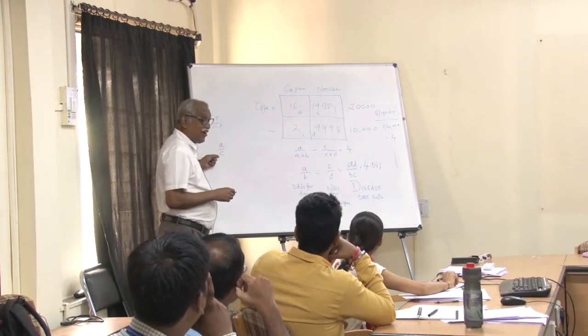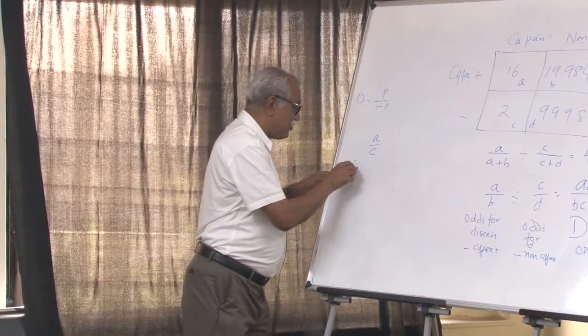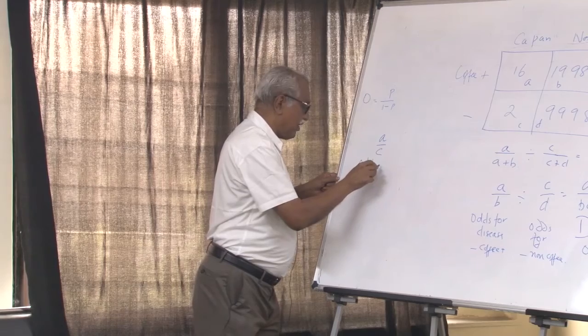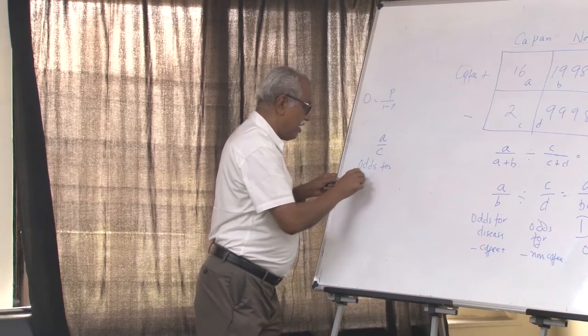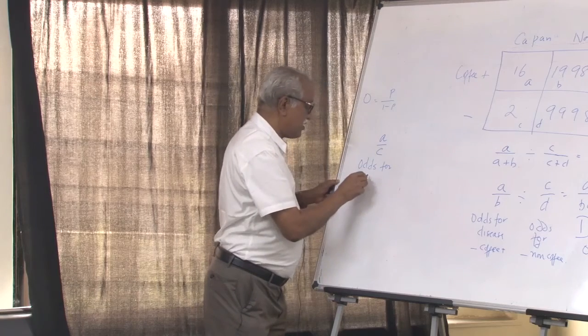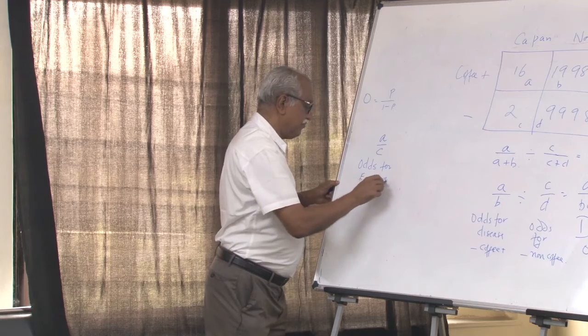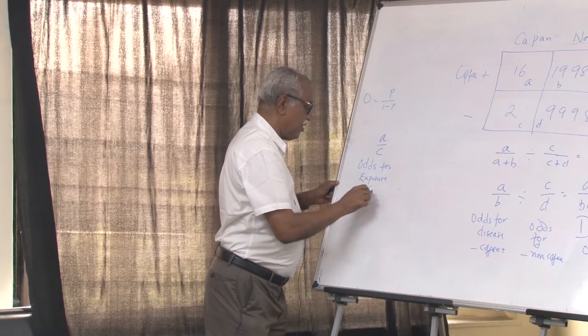So this is odds for coffee drinking, or odds for exposure. That is odds for disease. This is odds for exposure among cases.